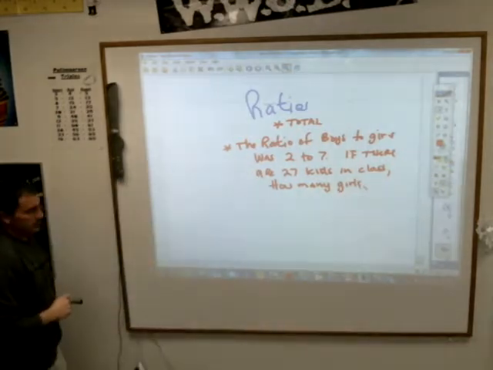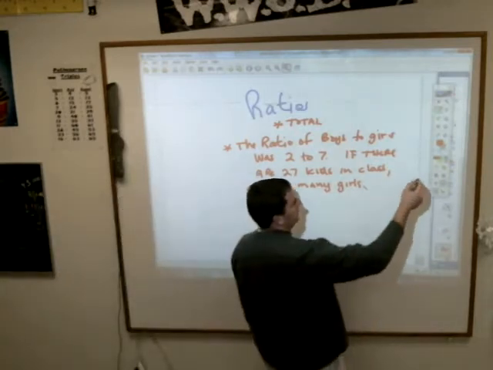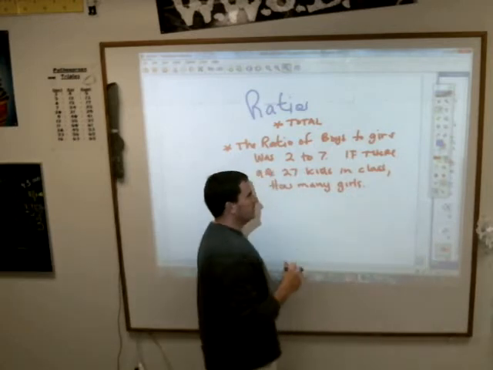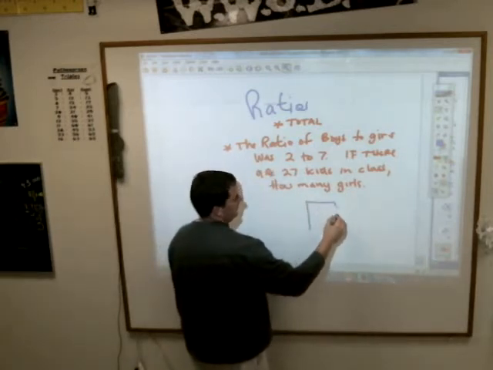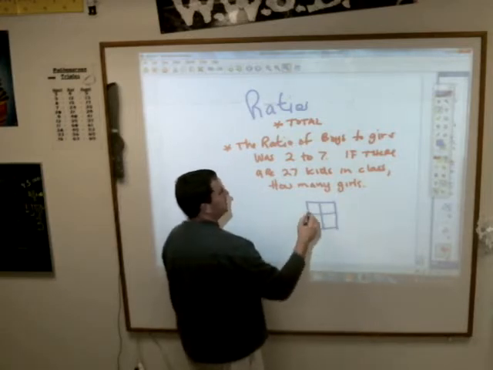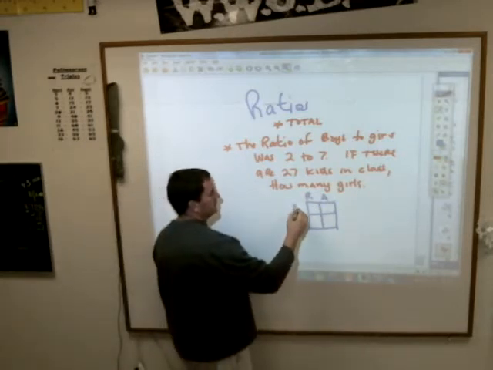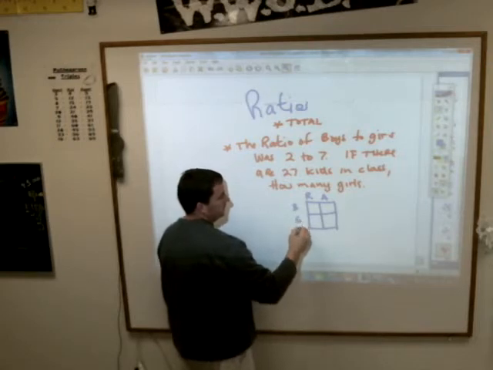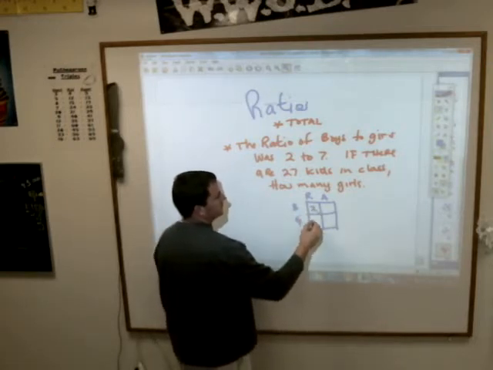And what happens here is that you need to still draw your little ratio box. Remember the ratio box? In your ratio box, you have your ratio and your actual, and the two things we're comparing are the boys to girls, correct? And you fill in the number. There were 2 boys to 7 girls.